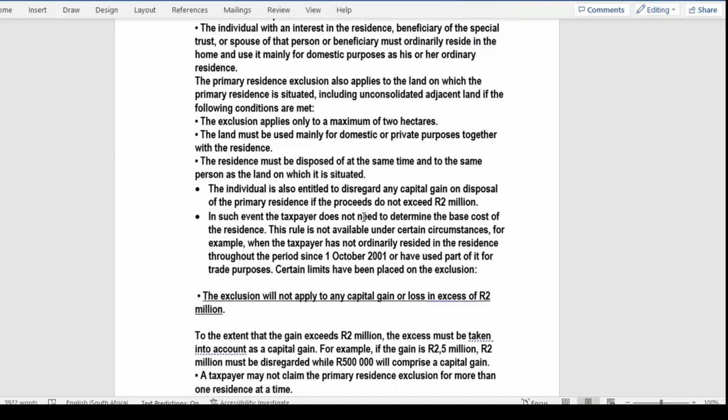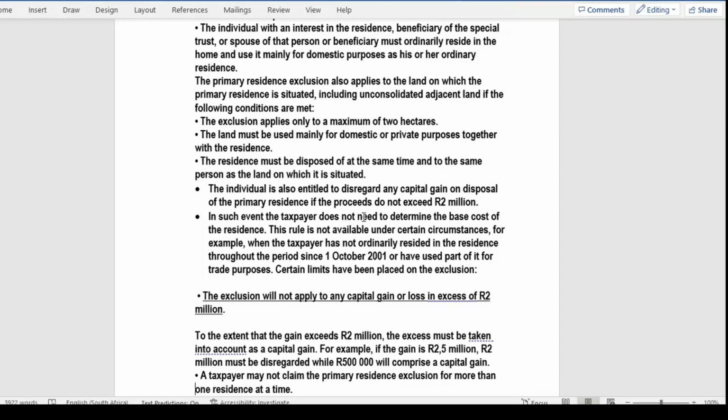The other difference is that it will be qualifying as part of your CGT calculations. So in such an event, the taxpayer does not need to determine the base cost of the residence. This rule is not available under certain circumstances.